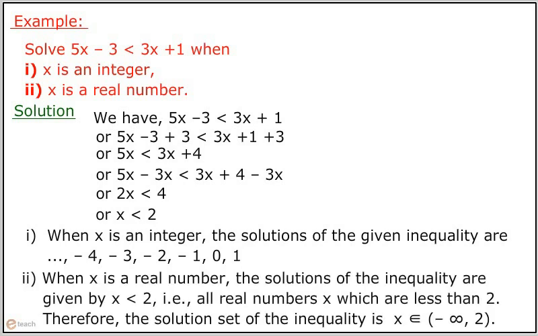In case 2, when x is a real number, the solutions of the inequality are given by x less than 2. That is, all the real numbers x which are less than 2. Therefore, the solution set of the inequality is x belonging to the set of -infinity to -2.